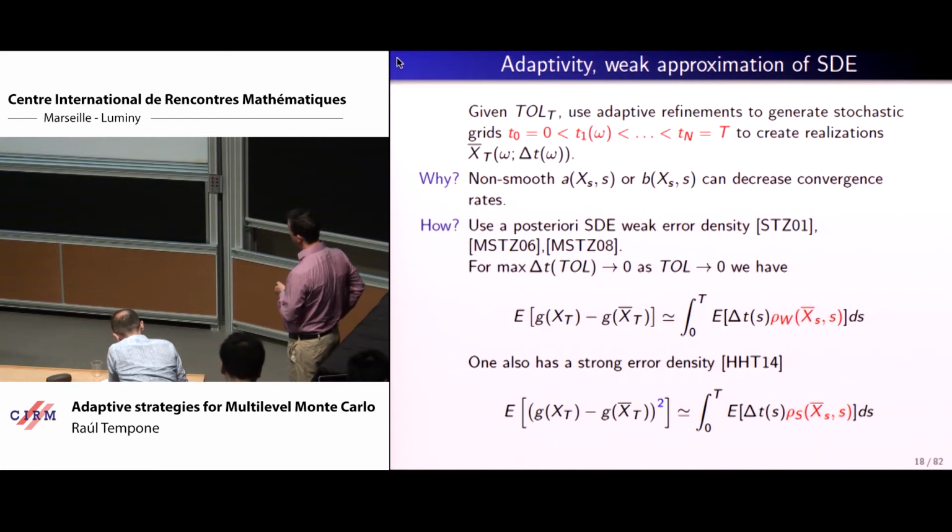Now, the funny thing is that in this context, there's not only a weak density, but there's also a strong density. You can actually make an approximation, and you see here the power is 1, but here the power is 2. You can actually write the L2 error here in the same fashion for Euler, where now this rho s is not exactly this rho w.